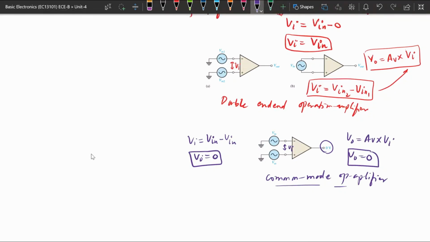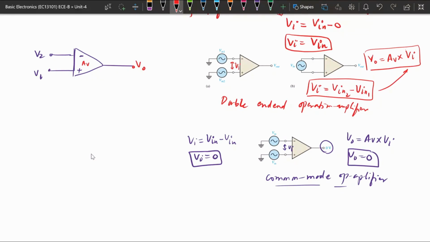Next we will see how these operational amplifiers with different modes are going to have different outputs. We have seen the different modes, so we can just represent them. Suppose this is the operational amplifier. This is V2 and this is V1, this is negative and this is positive, the gain is AV and here the output is V output.